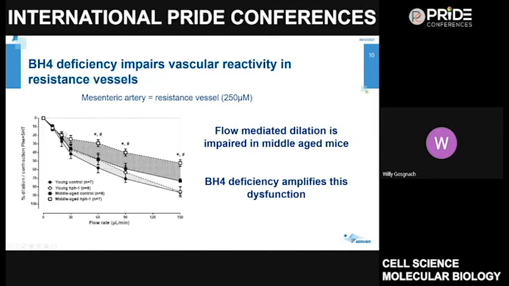In the normal middle-aged animal, we saw a slight reduction of the flow-mediated vasodilation, and this slight reduction clearly amplifies in the animals that also have BH4 deficiency, whereas the effect of BH4 deficiency in young animals is here, but is not significant and is quite limited.